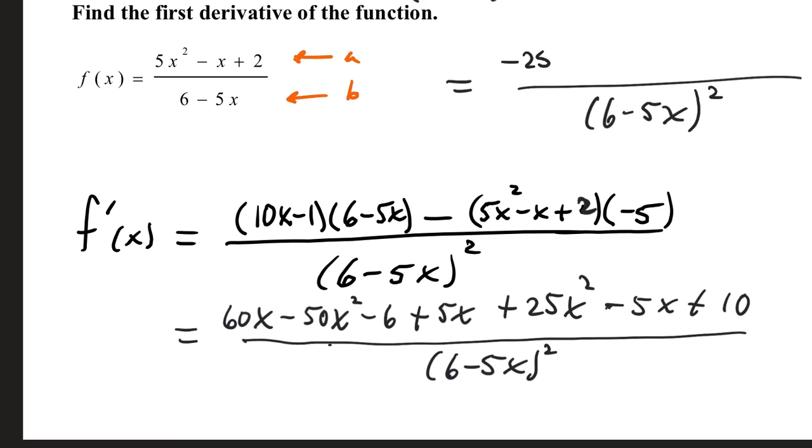That's negative 25x squared. 60x plus 5x minus 5x, that's 60x. And then we have some constants that are negative 6 and a positive 10. Negative 6 plus 10, that's 4. And so that is our numerator with all the like terms combined.